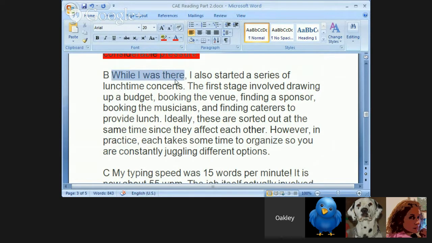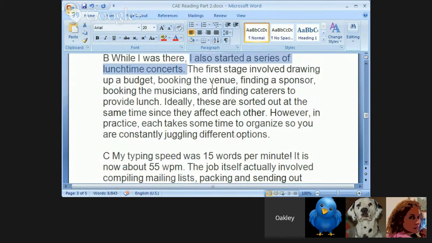Okay, let's take a look at this next one. While I was there, which brings up the question, where? We are making a puzzle, definitely. While I was there, okay, he was somewhere. Started lunchtime concerts.